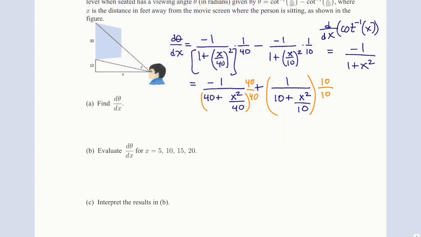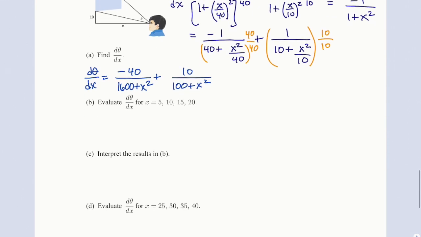So now I can see d theta dx in a clean form will be negative 40 over 1600 plus x squared, and then plus 10 over 100 plus x squared. So now we don't have any complex fractions, and we can work with this.